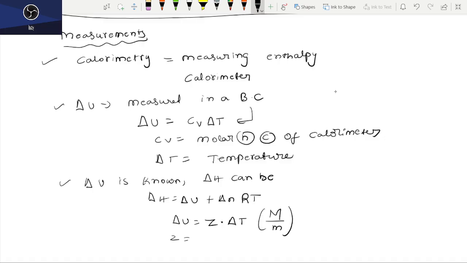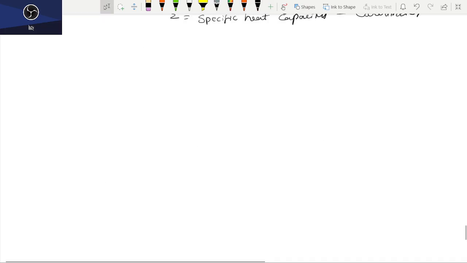Specific heat capacity of a calorimeter system, including water, right? What about delta T and m here?